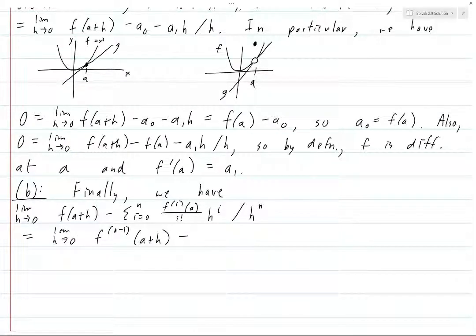if i is less than n minus 1, then when you take n minus 1 derivatives, the h term is eventually going to go to 0. So all of those terms are going to drop out. The only terms that will remain are the terms corresponding to i equals n minus 1 and i equals n. For i equals n minus 1, the n minus 1 derivative of f at a over n minus 1 factorial, that's going to stay.